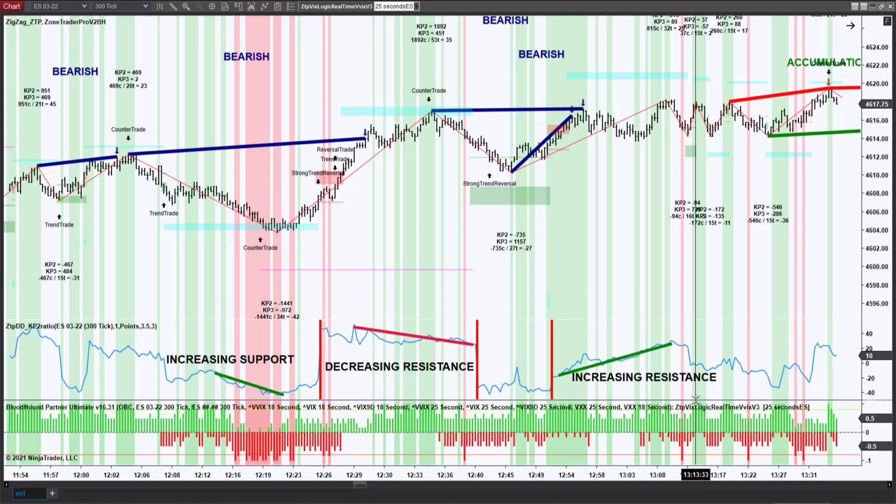The patterns are important, and the patterns are going to tell us whether or not we have increased risk if we're going to take that trade.